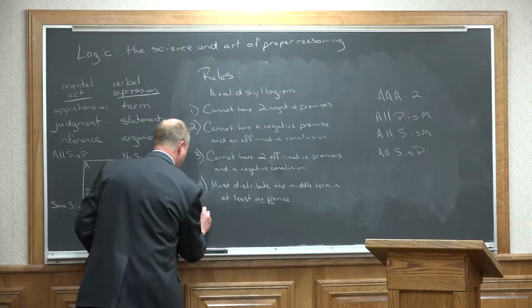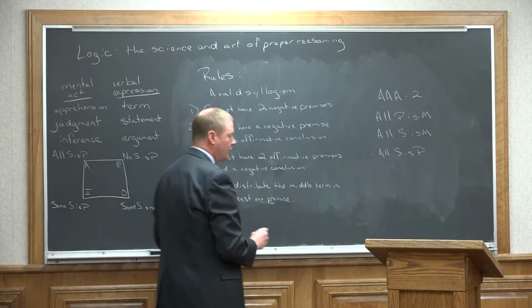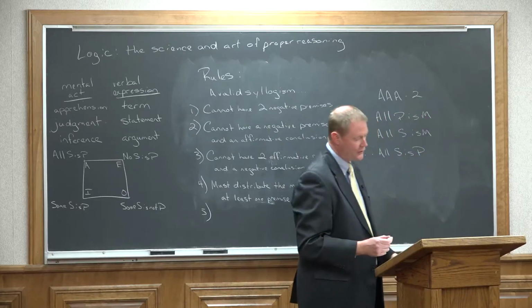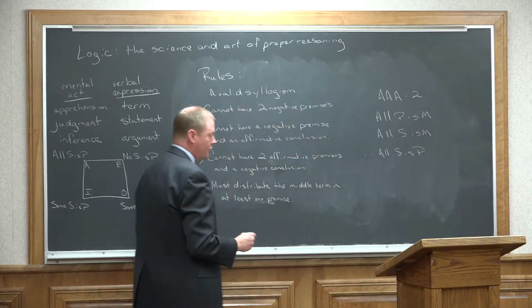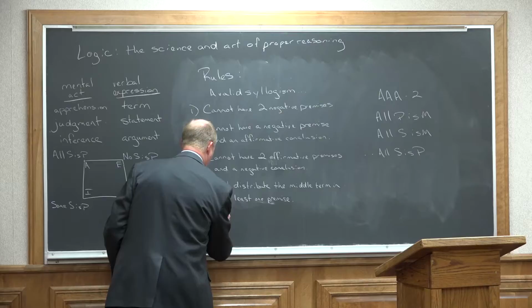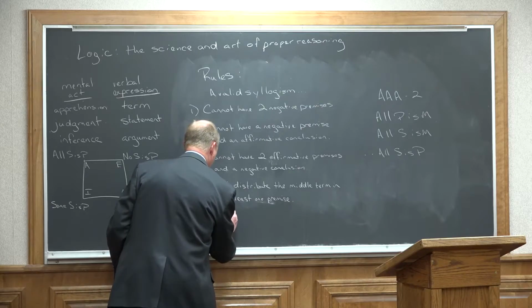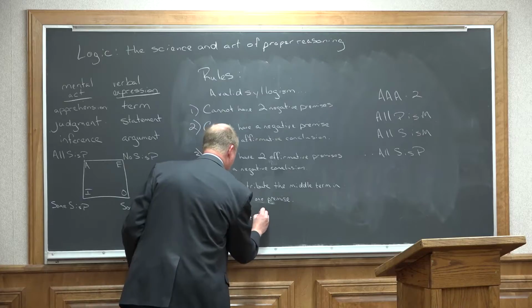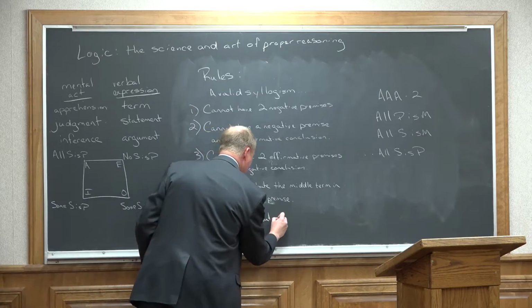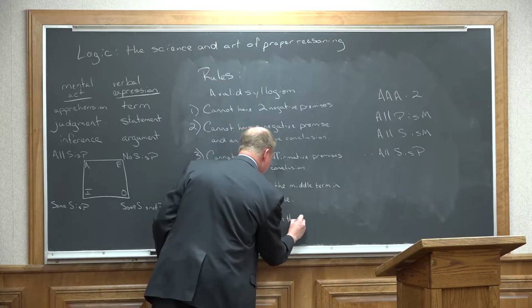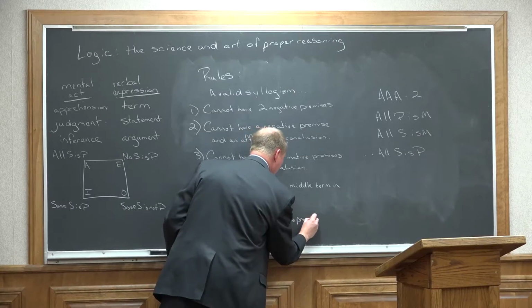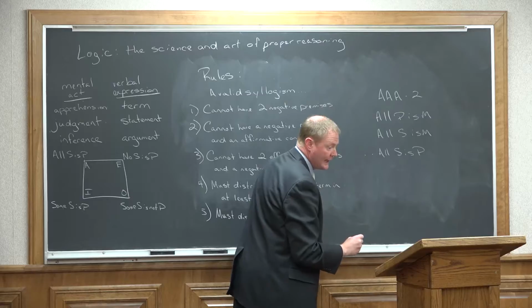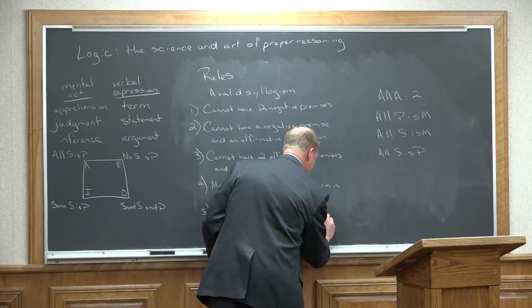Okay, the fifth rule is that a valid syllogism must distribute in the premise any term distributed in the conclusion.